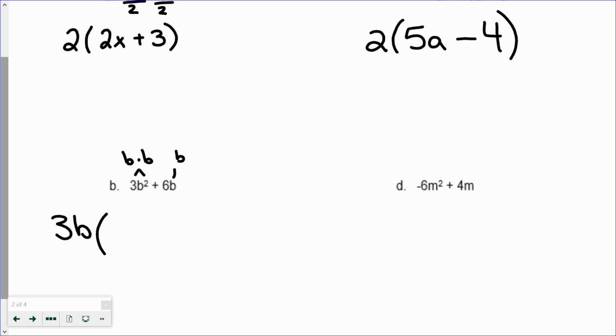Then I'm technically going 3 divided by 3, which is just 1. And then if I have b squared over top of b, how many am I left with? What's going to cancel out? 1 on the top, 1 on the bottom. So I'm left with just b.